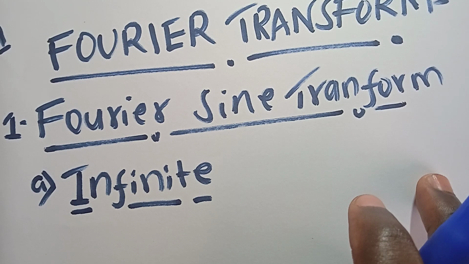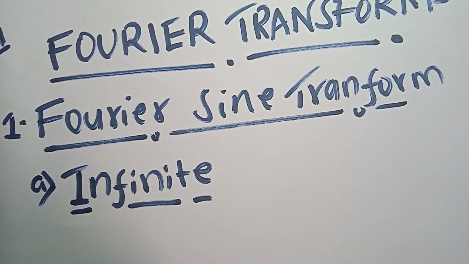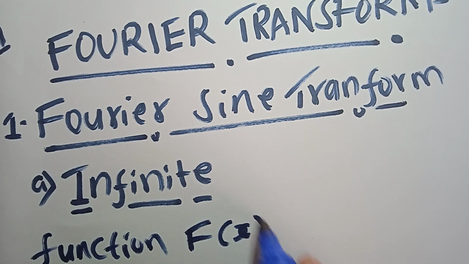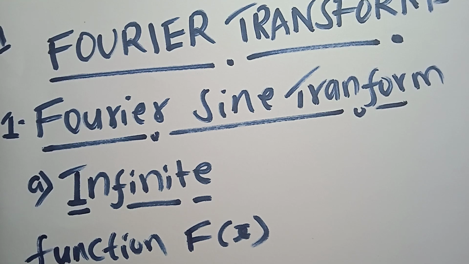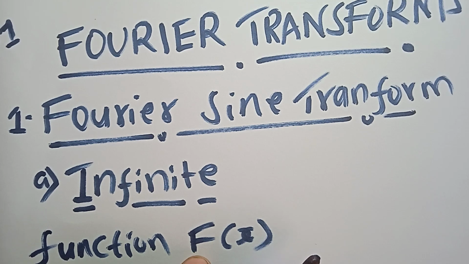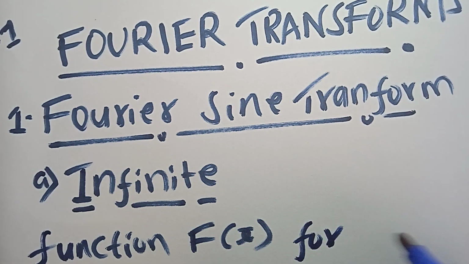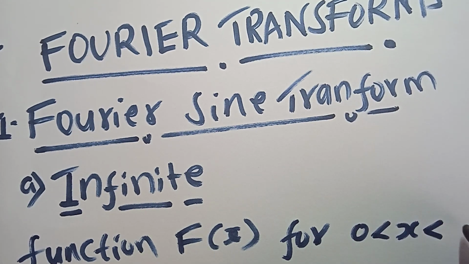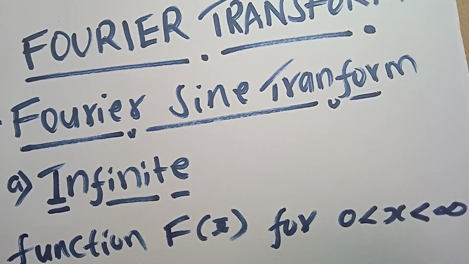Fourier sine transform. So the infinite Fourier sine transform of a function. If you have a function f of x, notice that we are using the capital F to represent this. So we have a certain function f of x with x in the range of values between 0 to positive infinity.